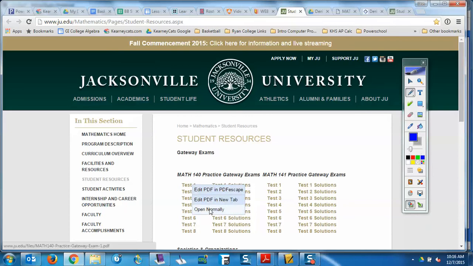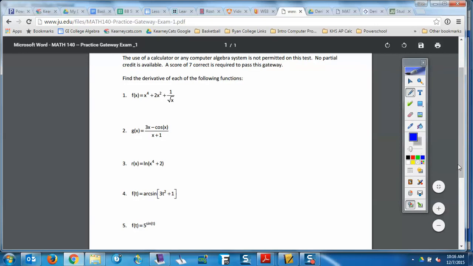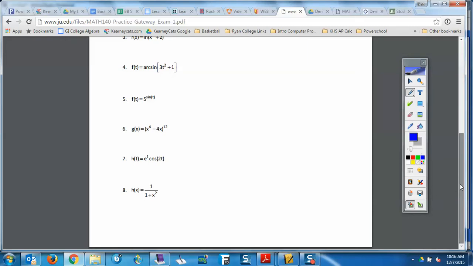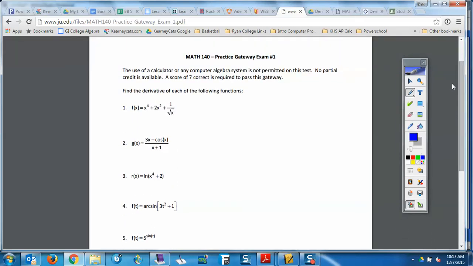So test 1, and the nice thing about these is these are more of a mixture, like that derivative practice number 2. That one starts out easy. The first ones are pretty easy, and it gets a little harder. It's got some implicit. Now, what I don't know is if this one has any implicit differentiation on it. It doesn't look like it does, and they may not include implicit differentiation in theirs.